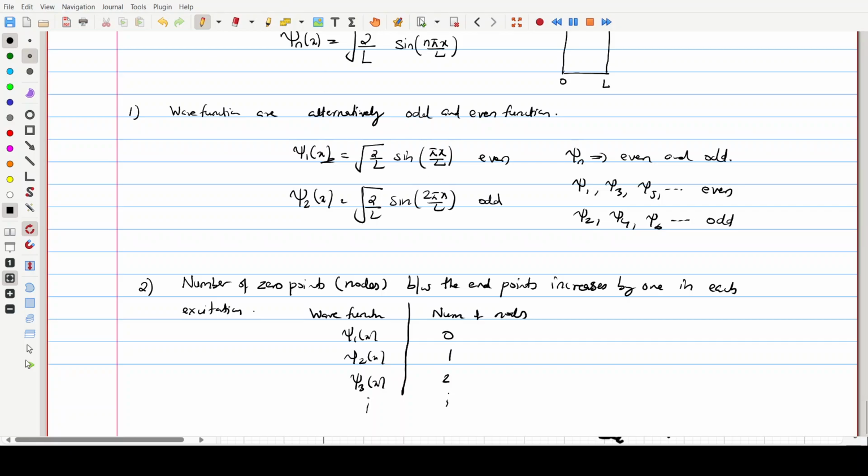Now another important point is that the wave functions corresponding to different eigenvalues are orthogonal. More correctly we can state that the energy eigenfunctions, or the wave functions corresponding to stationary states, are orthogonal for different quantum numbers.